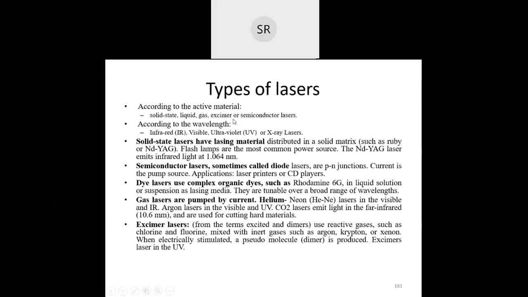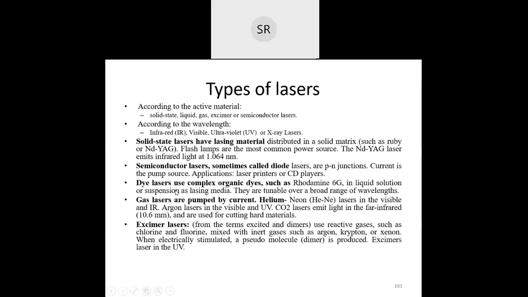Laser types can also be defined in terms of wavelength: infrared, visible, ultraviolet, or X-ray laser. That is about the types of laser based on the material as well as the wavelength. Again, it depends on what type of lasing material they have. Solid state lasers have a lasing material, or a semiconductor laser is sometimes called a diode.